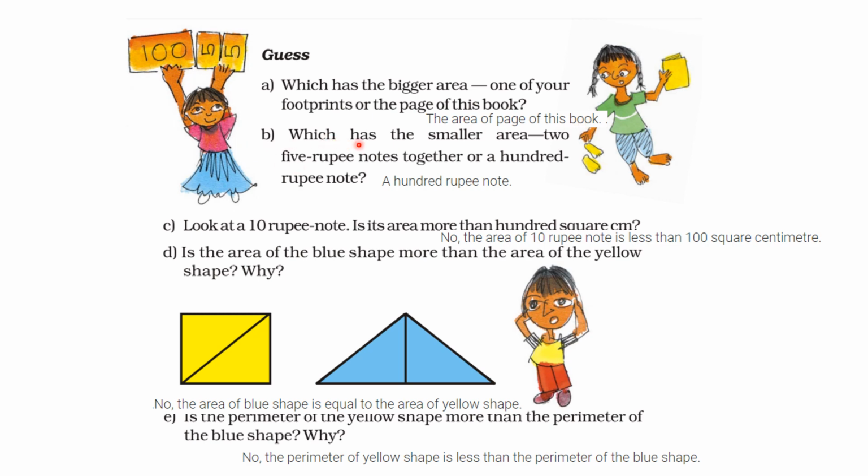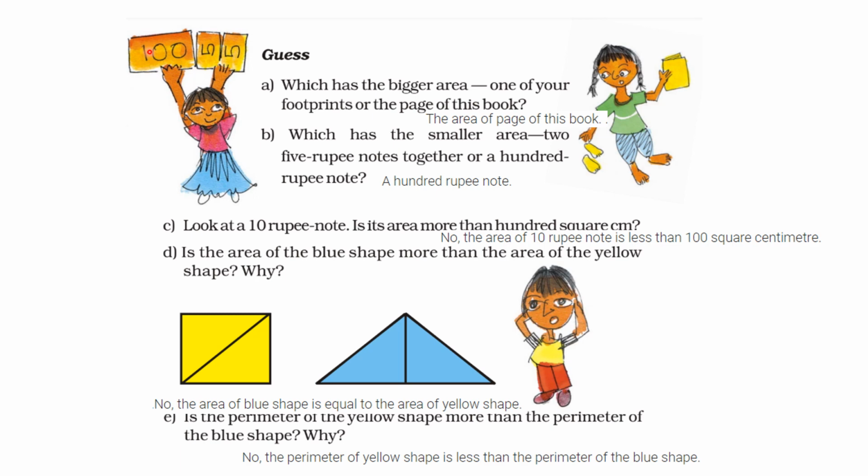B. Which has the smaller area? Two 5 rupee notes together or a 100 rupee note. So they have shown two 5 rupee notes and a 100 rupee note. So what do you feel? Which has greater area? This 100 rupee note, right?